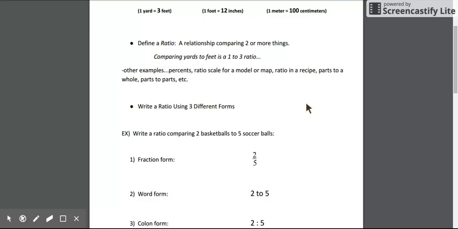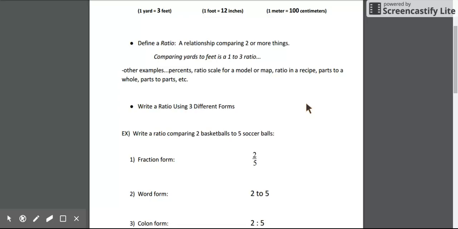We have lots of examples in real life of ratios. Percents are actually ratios. It's how much we have out of 100. There are ratio scales listed on maps or in models or diagrams telling you what the size of that model or map is compared to the real life value, either length or size.